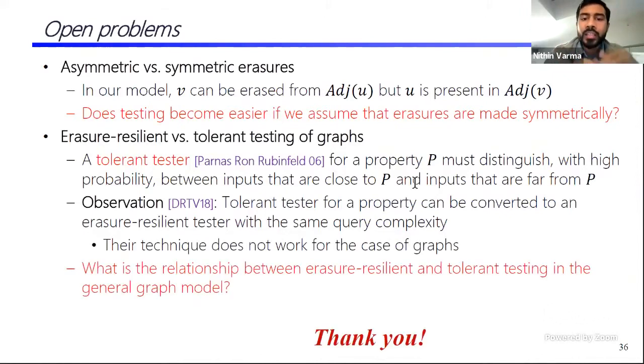Their technique does not work for the case of graphs, so for graphs this relationship is much more unknown. What is the relationship between having erasures in the graph versus having wrong entries in the adjacency list? Or rather, what is the relationship between erasure-resilient and tolerant testing in the general graph model? So lots of open questions, and thank you.